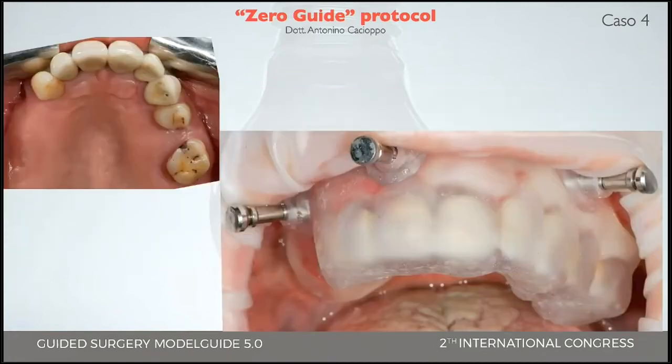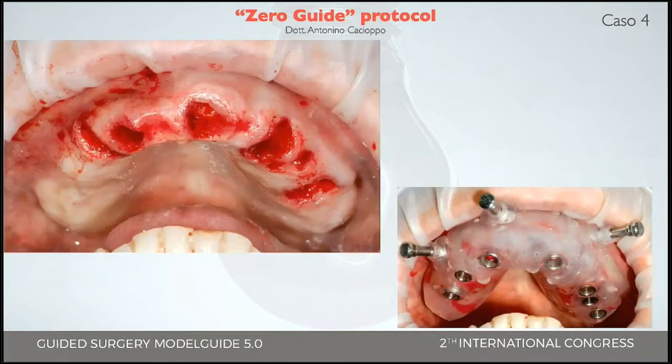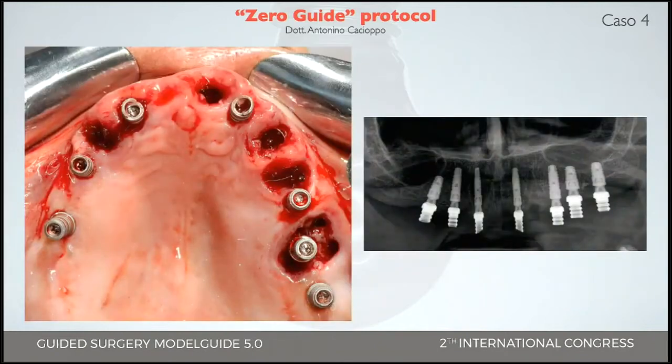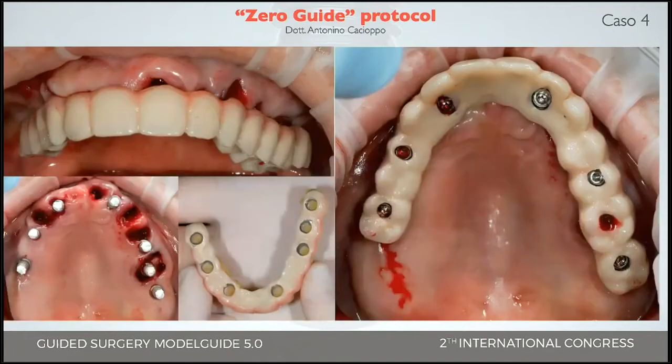And this is the day of the surgery, one day surgery, and of course immediate loading. That is very difficult to manage, thinking about contact points, contact balancement, and the balance between left and right, anterior, posterior, and the management of this is full guided surgery, and the management of the vertical dimension.